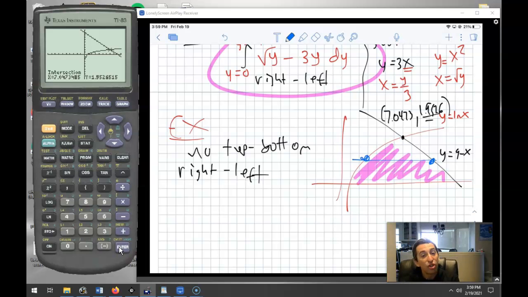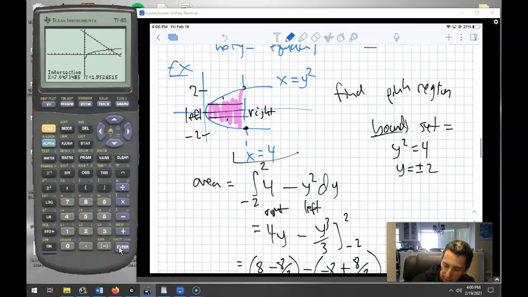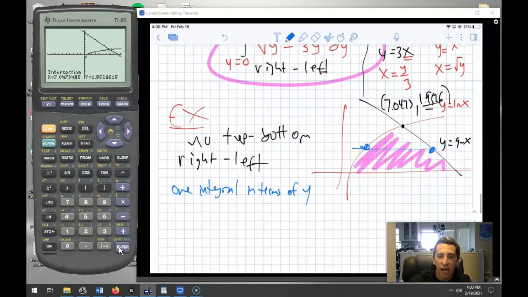So that's telling you that you can do a right minus left. We talked in the last video about how to do this by splitting it up into two integrals, but you can also do this with one integral in terms of y. There's certainly some problems where you need to do it in terms of x or in terms of y. This is an example of something that is just absolutely devilish to do in terms of x, but works out really easy in terms of y. But on this one, you could do it either way.